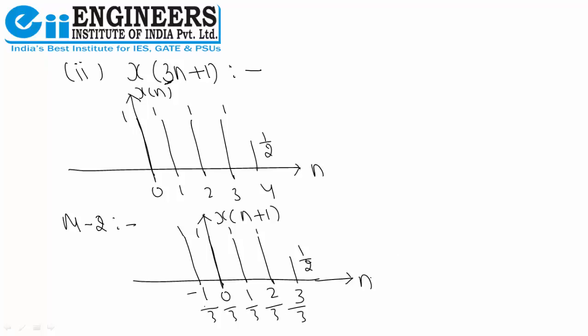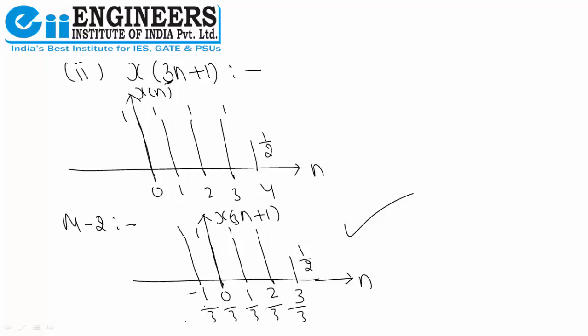Now, is this our correct answer? Because in the continuous time domain, this is the answer. But in the discrete time domain, if you look carefully, this is -1 by 3, this is 0, this is 1 by 3, this is 2 by 3, and this is 3 by 3. What is wrong here?